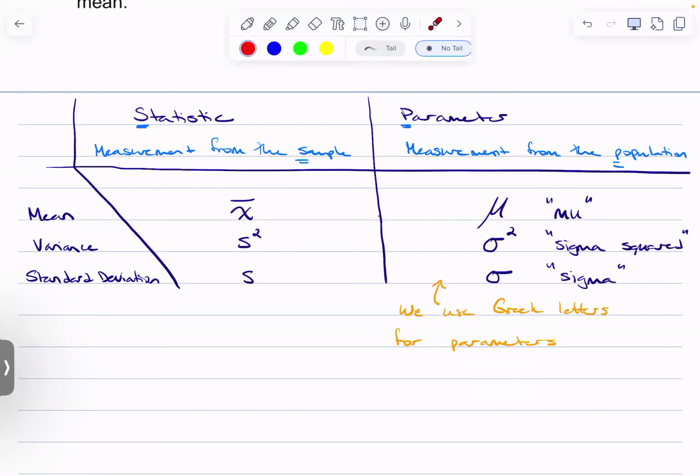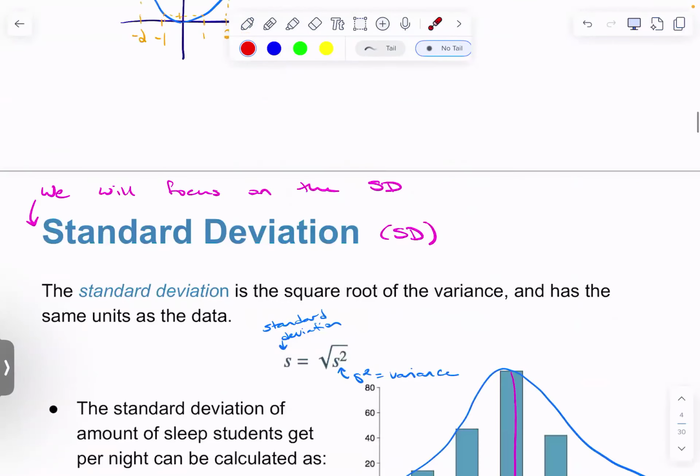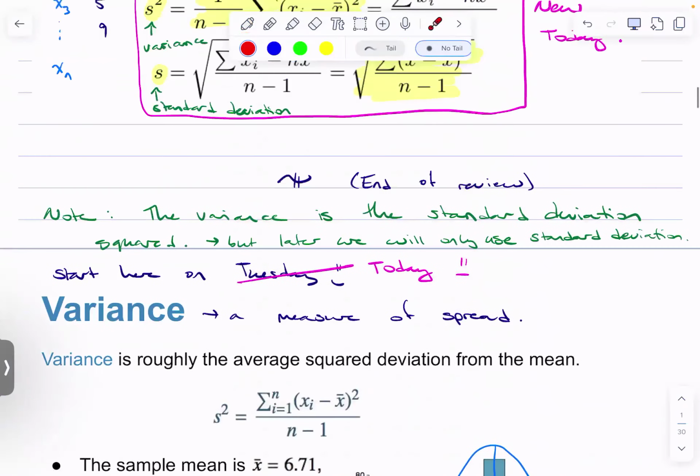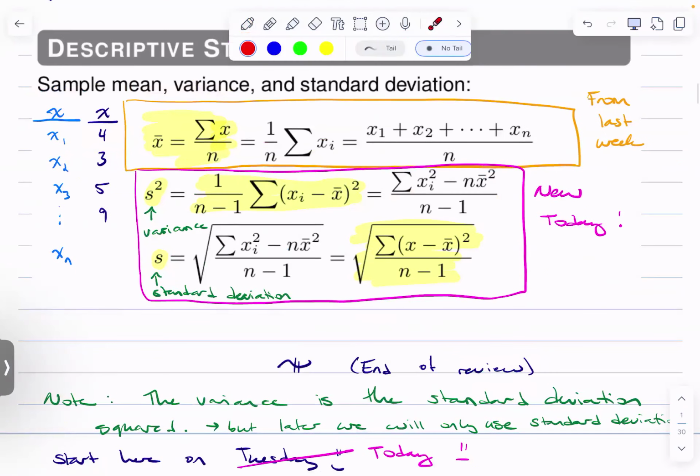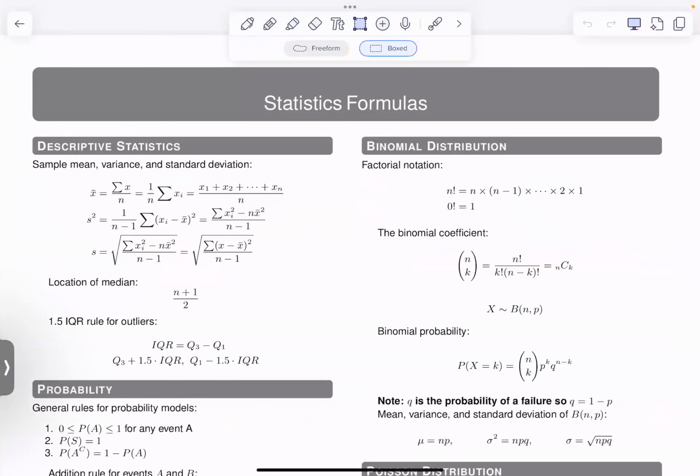Let's do an example of the standard deviation, especially using our formula sheet. I'll go back here. This is the version of the variance that we introduced.